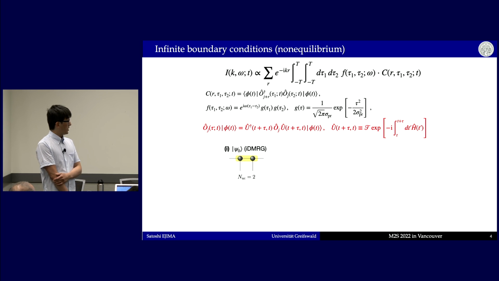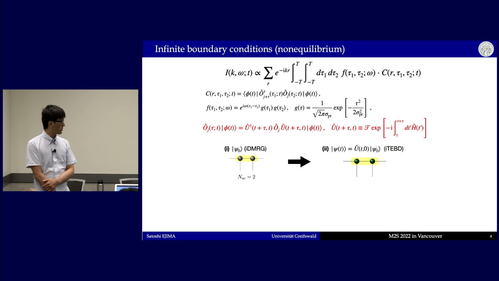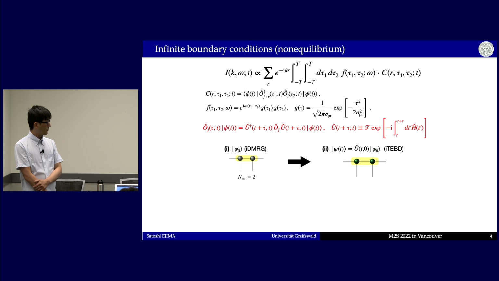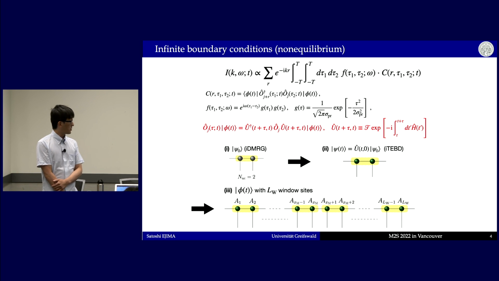For this, we need two processes before building window sites. Again, we prepare ground states and carry out time evolution up to the target time t. And then we build LW window sites, again by copying the unit cells obtained by iDMRG and iTEBD.